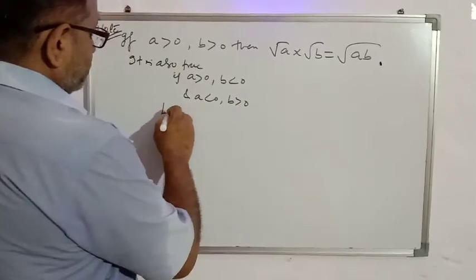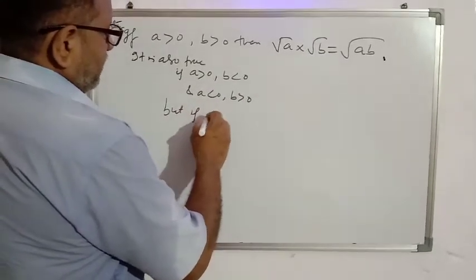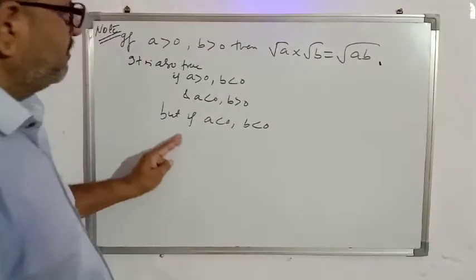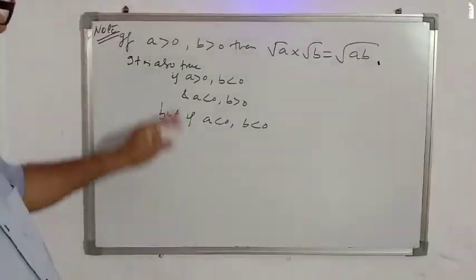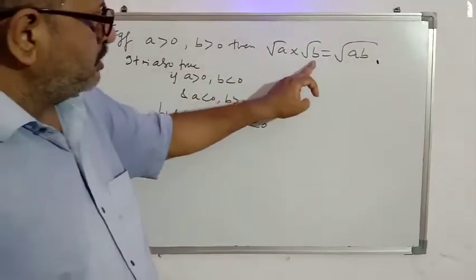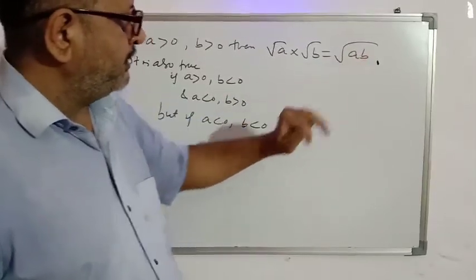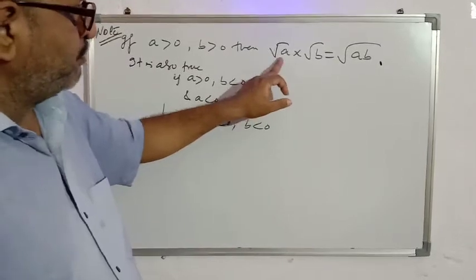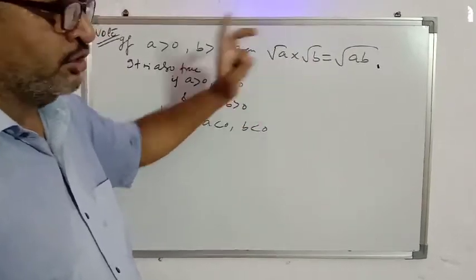But if a less than 0, b less than 0, if both are negative, root a into root b is equal to root ab only if either of them is positive, either a positive or b positive or both positive.